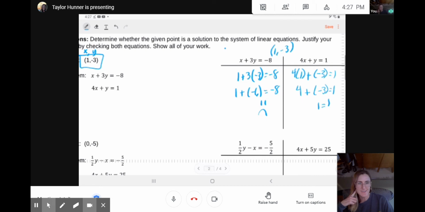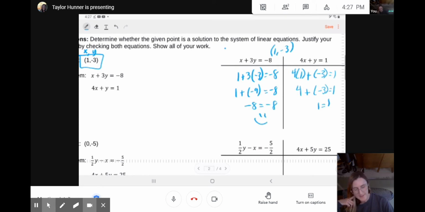And I just realized I made a mistake. Anybody catch my mistake? It's going too fast for this. I hope that you caught my mistake. 3 times negative 3 is actually negative 9, not negative 6. So 1 plus negative 9 is actually equal to negative 8.